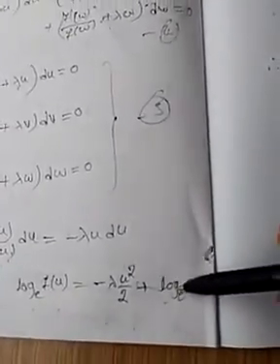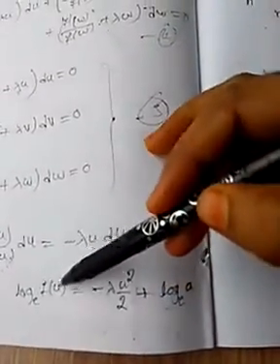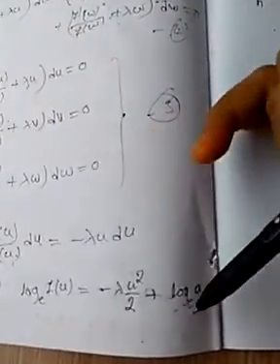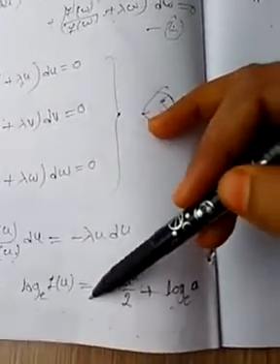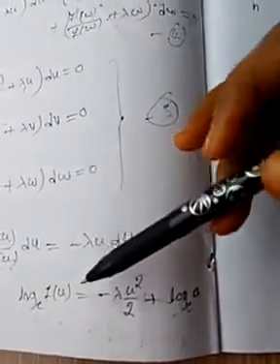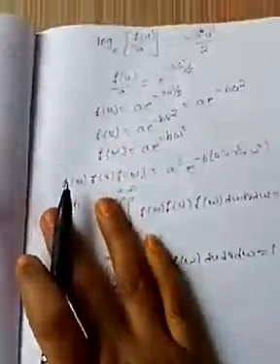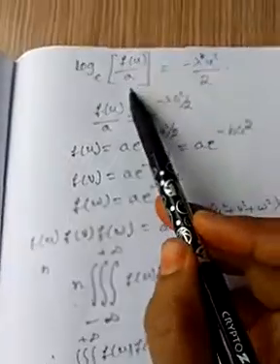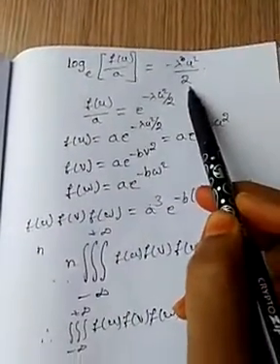And again if we take this term onto the left side, then log f of u to the base e minus log a to the base e. So it is in the form of log a minus log b, and log a minus log b equals log a by b. So we can write log of f of u by a to the base e equals minus lambda u square by 2.